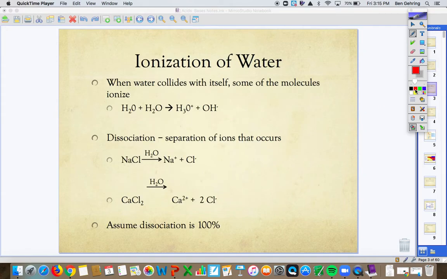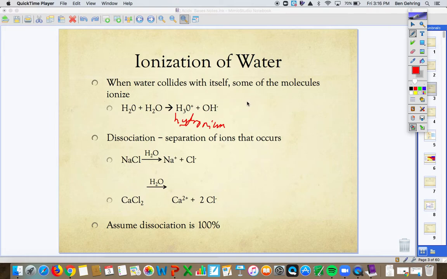So first, when water collides with itself, some of the molecules ionize or become ions. So if we have H2O plus H2O, these two come together, they form ions. So this first one, H3O+, is called hydronium, which we're going to reference when we talk about acids and bases. So hydronium is the ion that forms when two water molecules collide, along with the hydroxide ion.